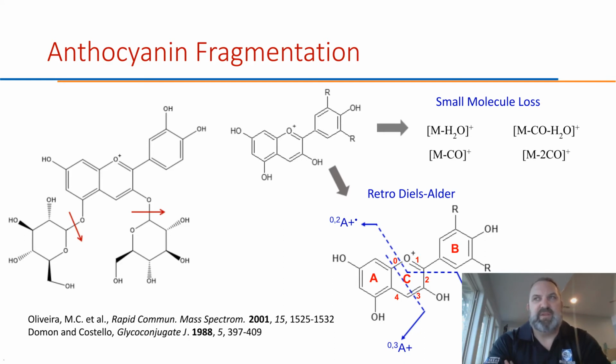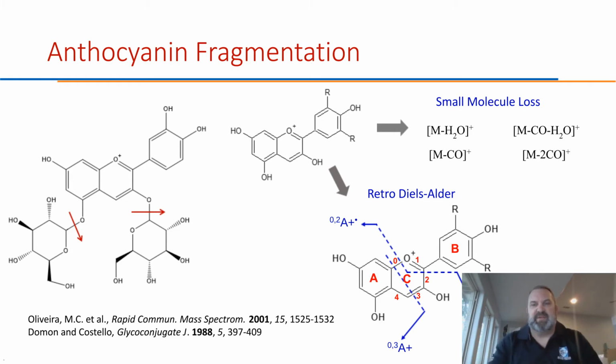That will leave you with the residual anthocyanidin, which can further undergo different fragmentation based on, let's say, loss of small molecules or cross-ring cleavages, often referred to as a retro-Diels-Alder. And this is just a formalism that allows you to name different fragments for these things based on which fragment contains the charge after the fragmentation is complete.